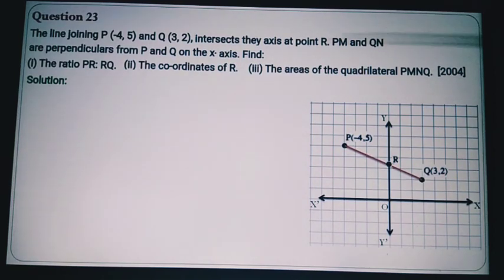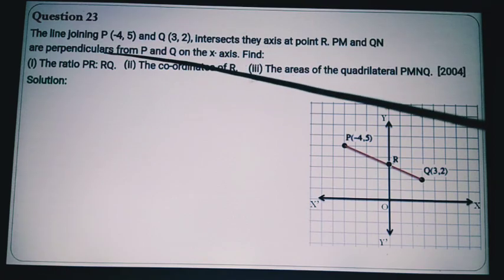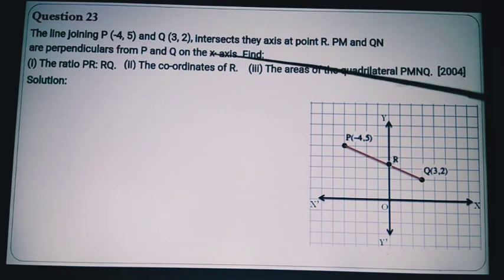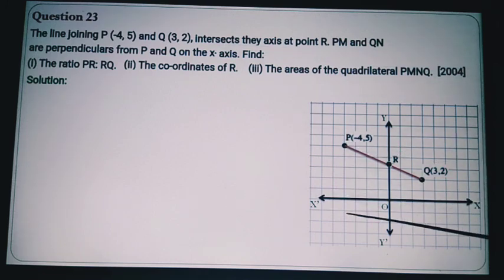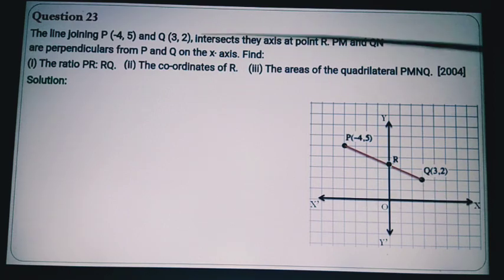Now PM and QN are perpendiculars from P and Q on the x-axis. So this is my x-axis. PM means from here we have to draw a perpendicular, and QN means from here we have to draw a perpendicular to the x-axis.